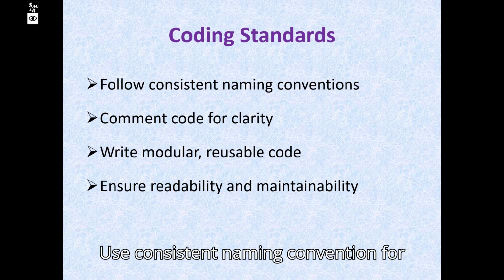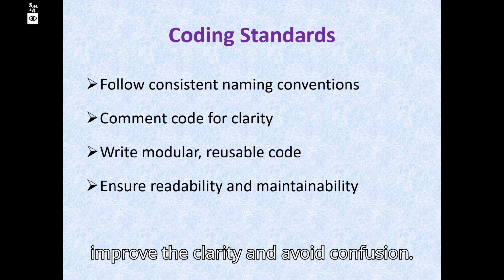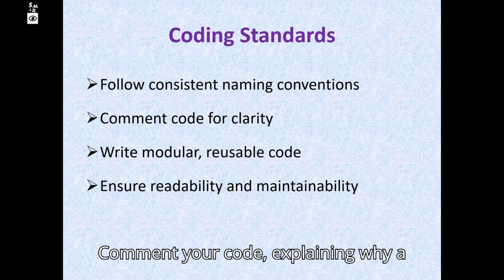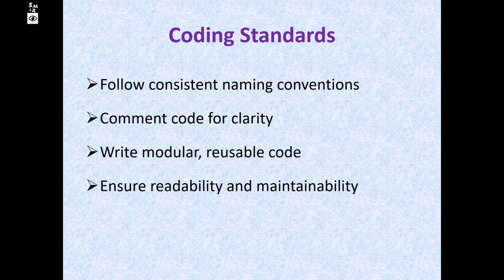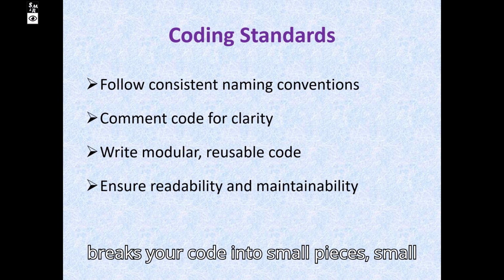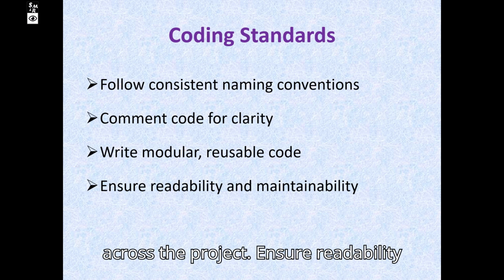Here are some essential coding standards every developer should follow. Use consistent naming conventions for variables, functions, and files. This improves clarity and avoids confusion. Comment your code. Explaining why a block of code exists helps others to understand the logic easily. Write modular and reusable code. This breaks your code into small functional blocks that can be reused across the project.